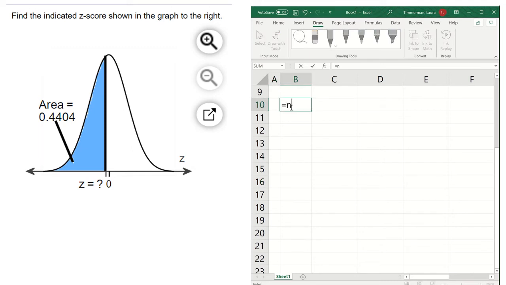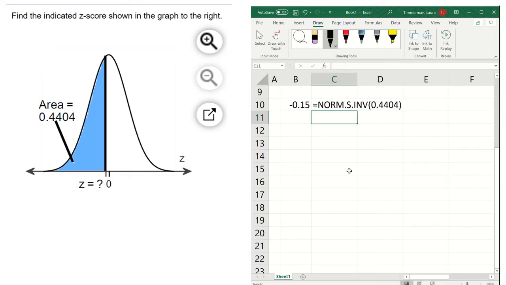So we need norm.s.inv of 0.4404, and that's all that we need to enter, and it gives us negative 0.15. So that is the z that corresponds to the area of 0.4404 on our graph.